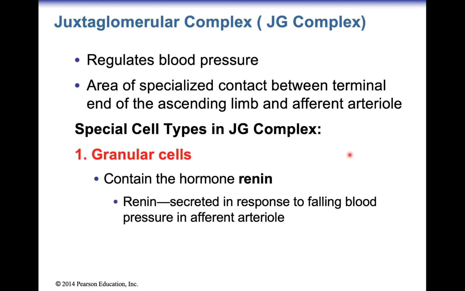So their kidneys have a backup way, and the backup way is to secrete renin. And renin helps the kidneys increase their filtration rate. You don't need to know how it does it right now. You just need to know that renin is secreted when your blood pressure drops, and it causes the kidneys to regulate that filtration rate to make sure you're not holding in too much waste in your body.